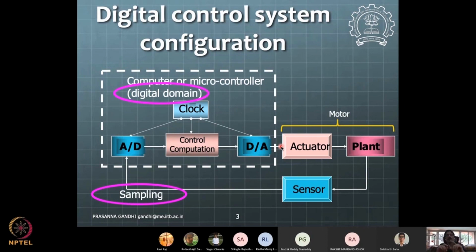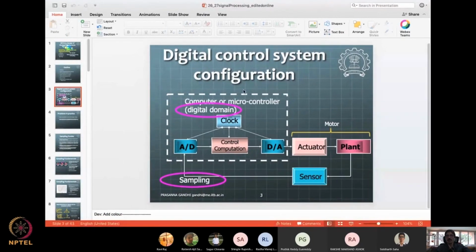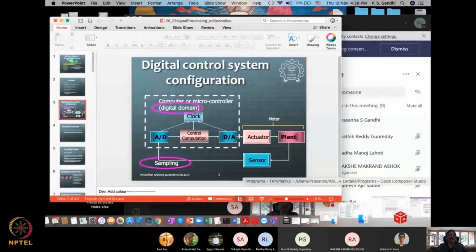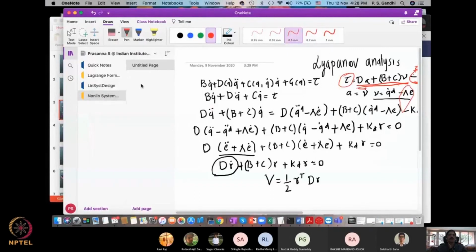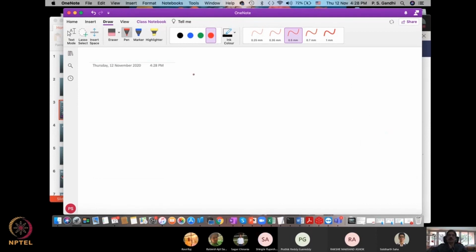Now the way this would happen for my system, let me sketch it here. Let me get a new page. I would see my control input, if I plot the control input as a function of time.